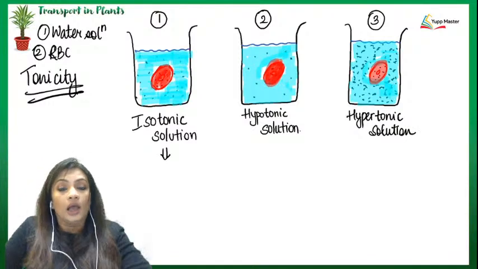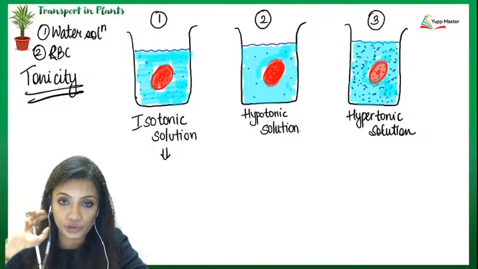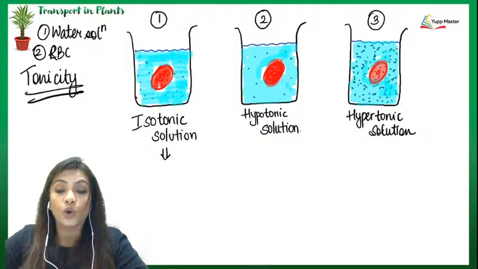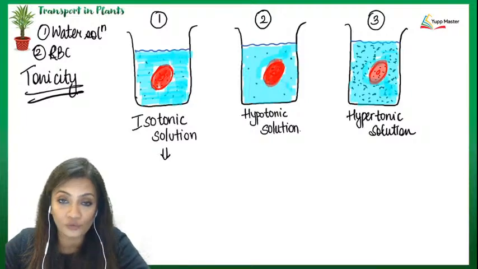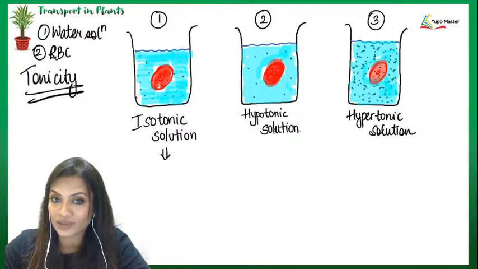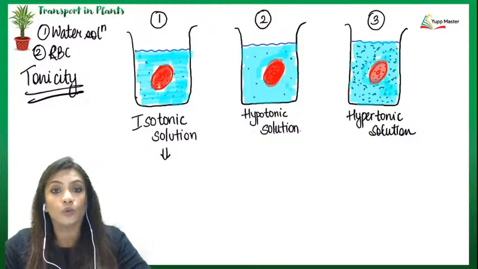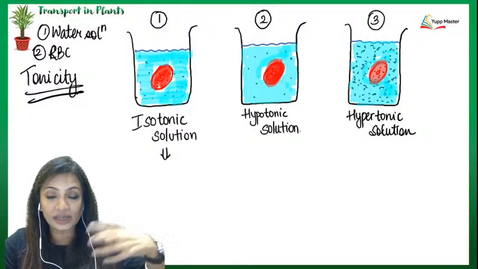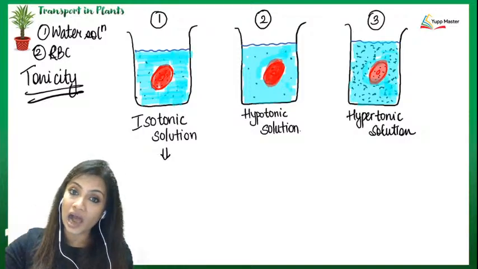Now, since we have identified the three different types of solutions, let us go a step ahead and understand the changes that are going to happen to the RBC over here. We learnt about osmosis, didn't we? We learned that osmosis meant that water is going to go from the area where there are low solutes to the area where there are high solutes.